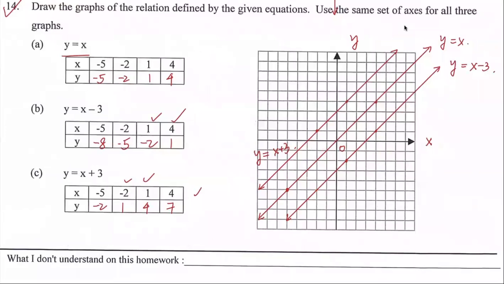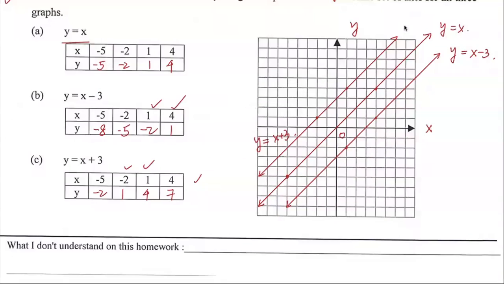That means if 2 straight lines have the same slope, then they have the same steepness. And if they have the same steepness, then they have to be parallel.